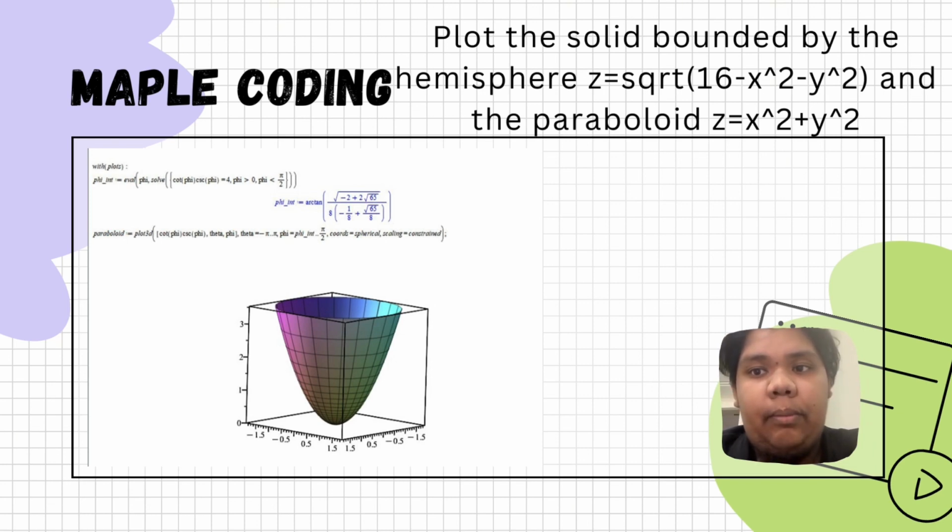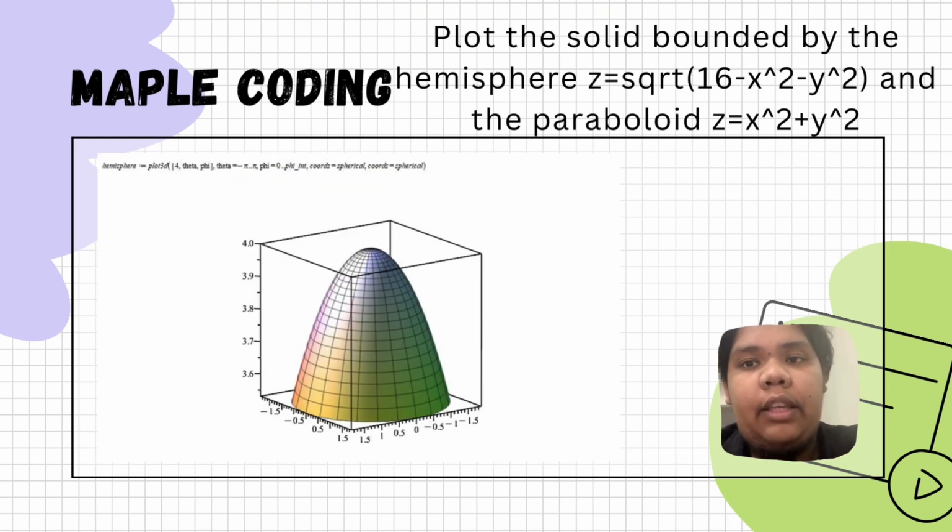The limit for phi is what we declare, phi int to pi over 2, and coords equal to spherical, scaling equal to constrained. And with that, we push the enter key, and we get this type of shape, and continue with that.